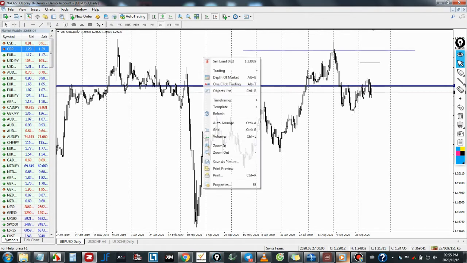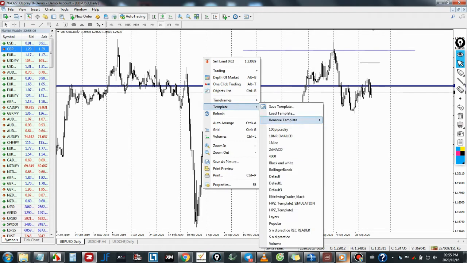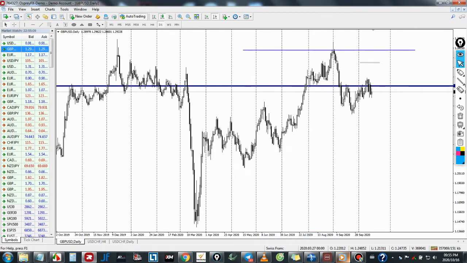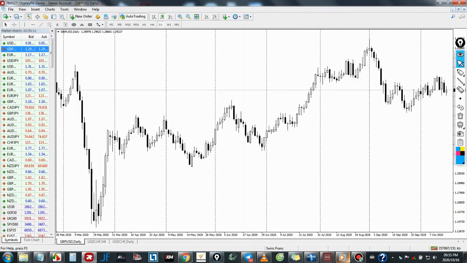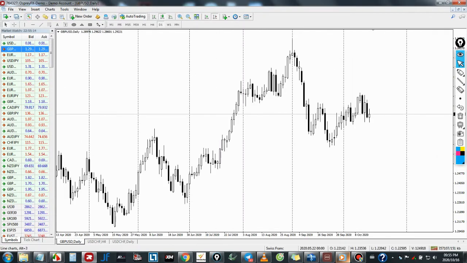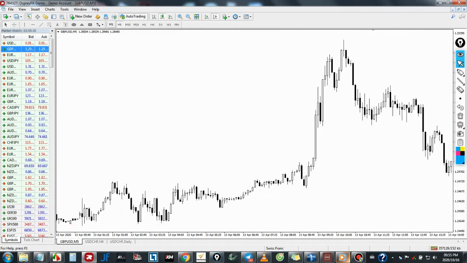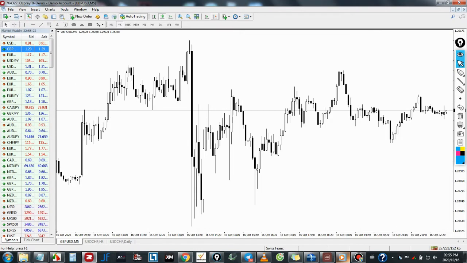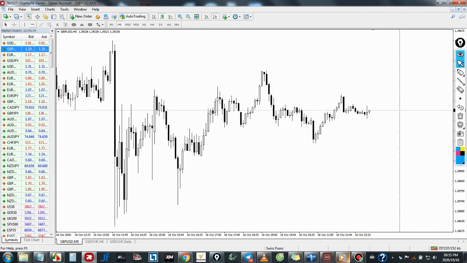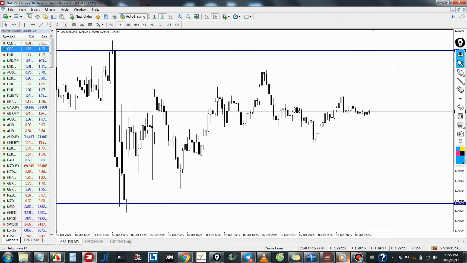So anyway, another advice, while I'm still trying to load this template, I want to remind everyone that it's not a good idea to go to the 15-minute time frame or 5-minute, or even the time frames that are lower than the 5-minute, and look for ranges and trade them.